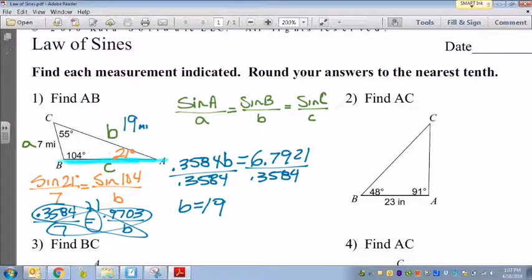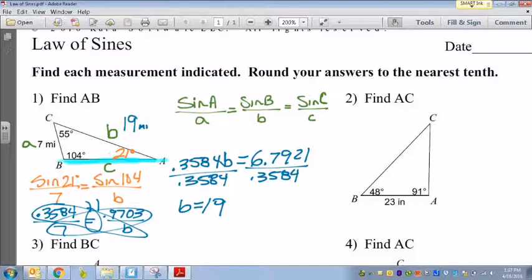Now, before you start saying, well, I know how to find the other missing side, Pythagorean theorem. We can't use Pythagorean theorem because it's not a right triangle, remember? So how do I find that third missing side? Well, I do the law of sines all over again. But now I have options because not only do I know angle A and side a, I now know angle B and side b.